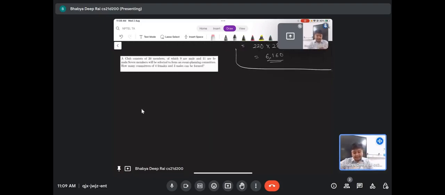The question says, a club consists of 20 members, of which 9 are male and 11 are female. 7 members will be selected to form an event planning committee.